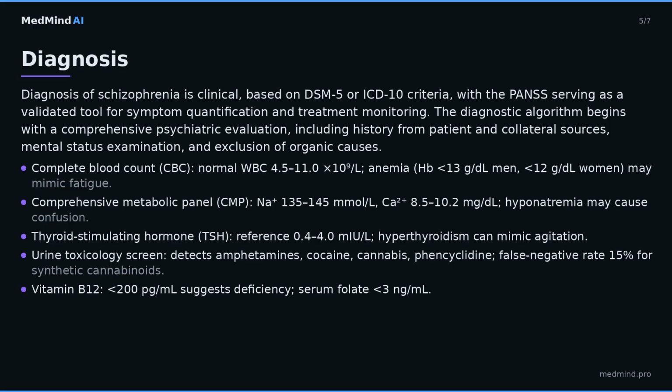Hyponatremia may cause confusion. Thyroid stimulating hormone, TSH, reference 0.4 to 4.0 mU/L. Hyperthyroidism can mimic agitation. Urine toxicology screen detects amphetamines, cocaine, cannabis, phencyclidine, with a false negative rate of 15% for synthetic cannabinoids.